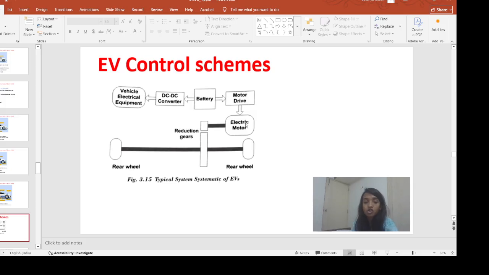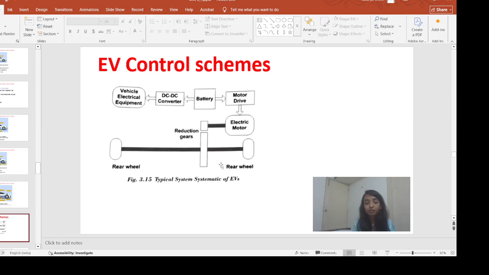Next we have what? We have the reduction gears. These gears reduce the high speed of the motor to a lower, more useful speed for the wheels. They will mainly help the car run smoothly and efficiently.